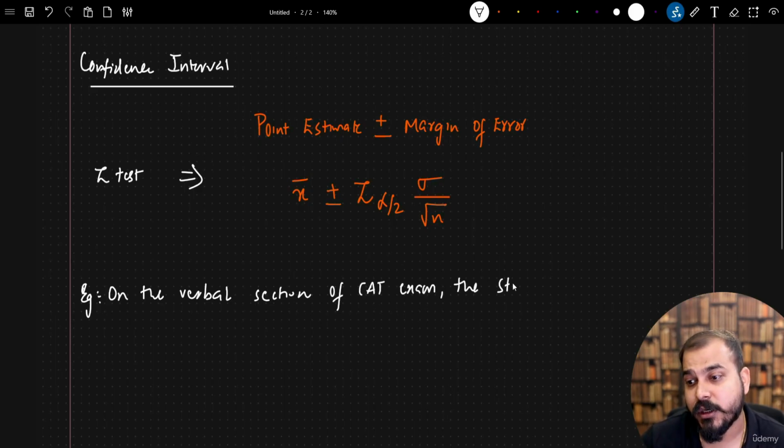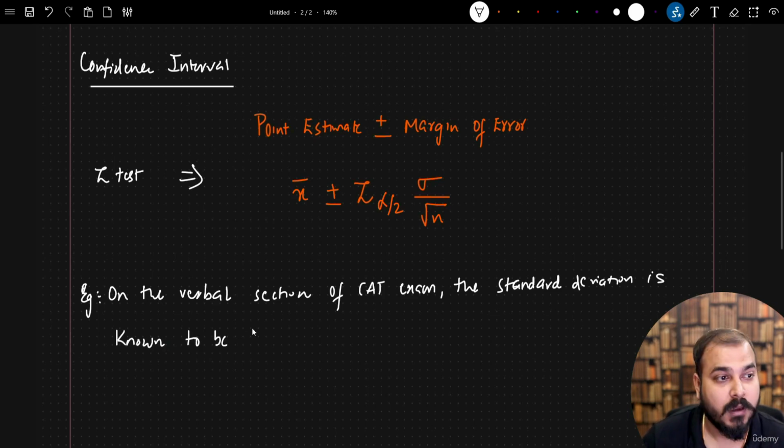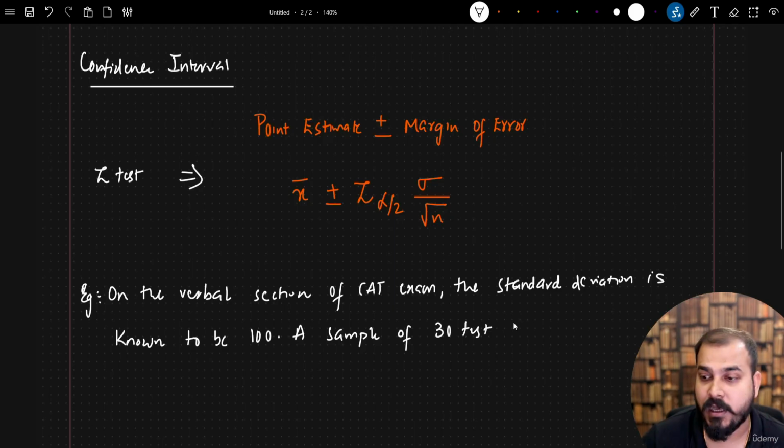The standard deviation is, now if population standard deviation is given, what do I have to use? I have to use the Z test, right? It is known to be 100. A sample of 30 test takers has a mean of 520.